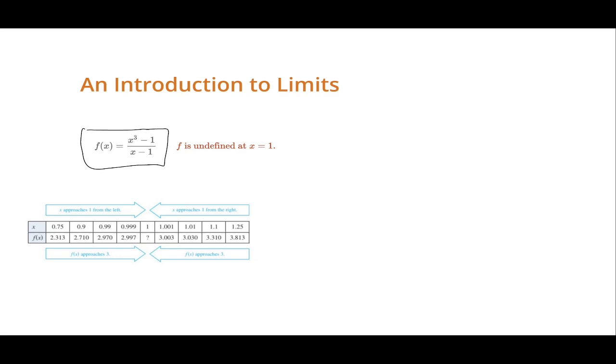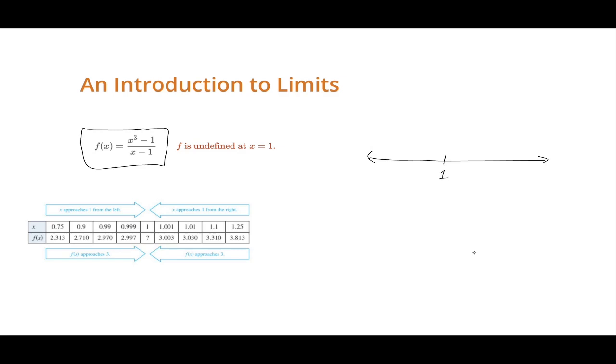For that, look at this table. We can compute this table when x is very, very close to 1. You see here x equal to 0.75, 0.9, 0.99, 0.999. Let's say this is a real number line, and there is a 1 here.